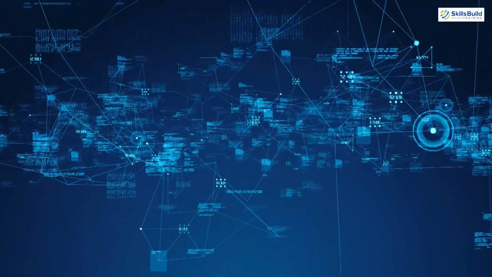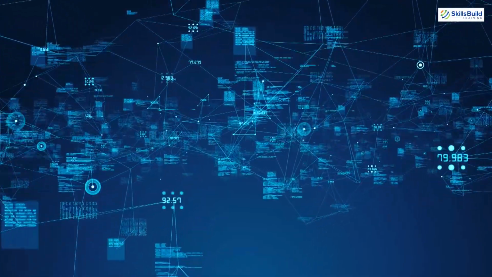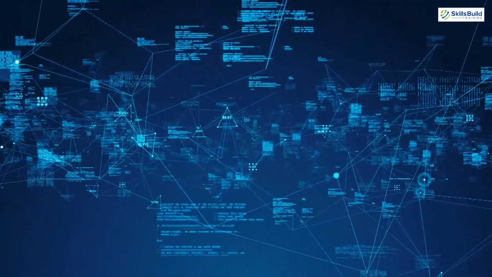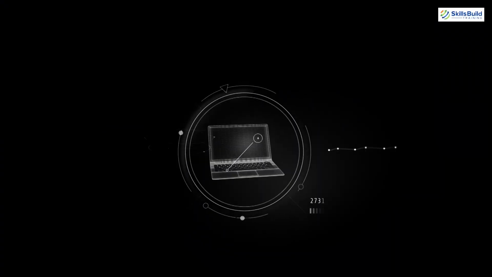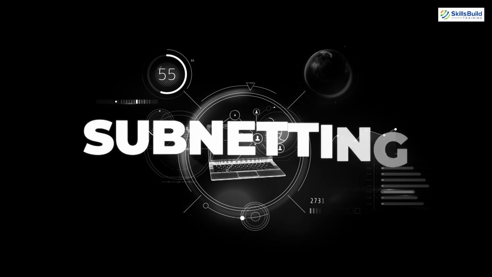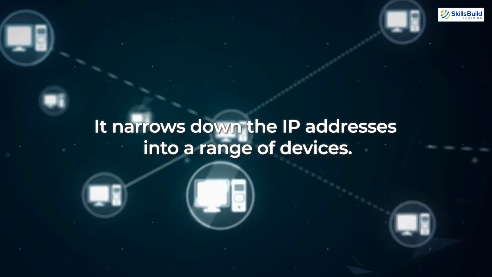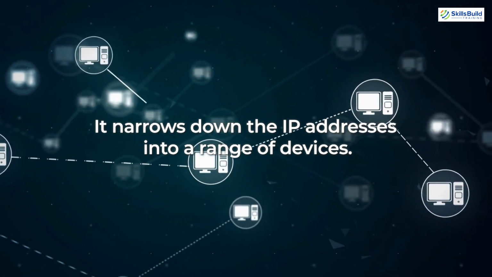As we know, in class A IP addresses we can have millions of devices and it can take very long for the data to find a suitable device. So to overcome this problem, subnetting comes into play. In simple words, it narrows down, or you can say it shrinks the IP addresses into a range of devices.